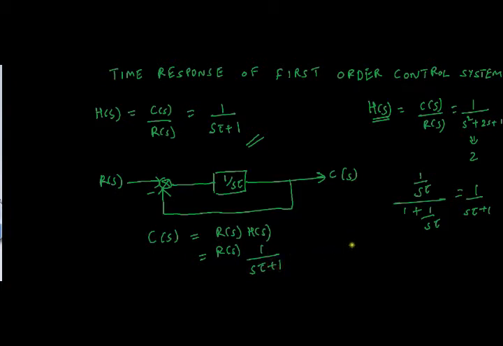Since the input r(t) is u(t), it means this is the unit step function. Now since we are dealing with the Laplace domain, we need to represent this u(t) in terms of Laplace transform. In that case, the unit step function will be 1 over s. So R(s) is 1 over s in this case.